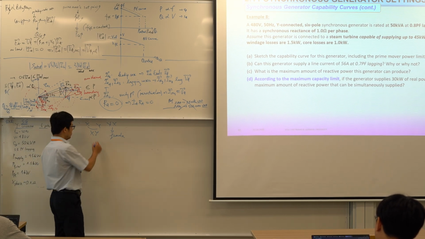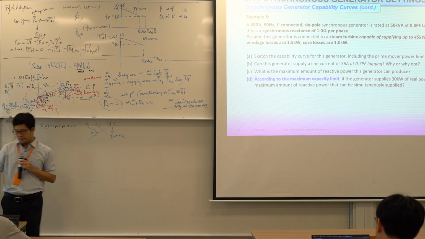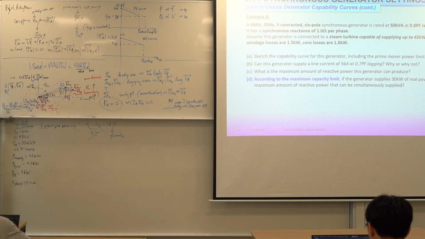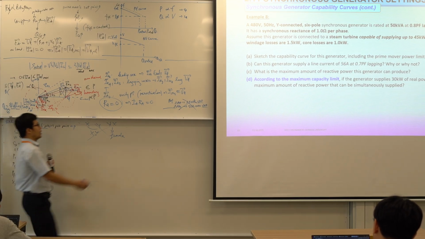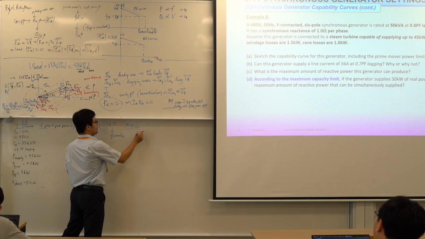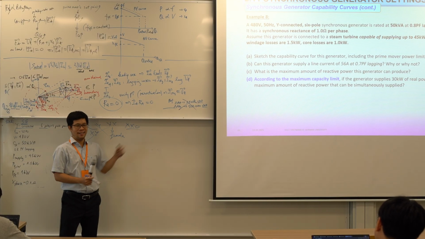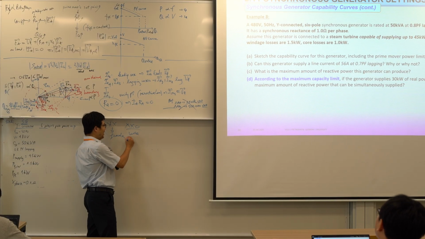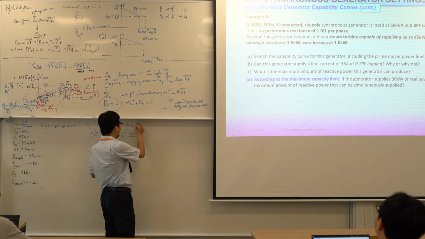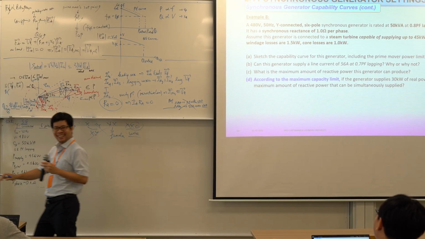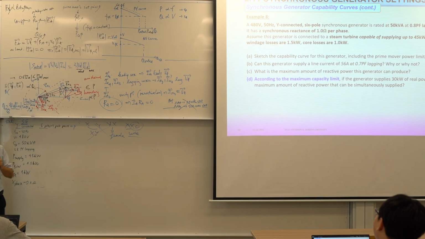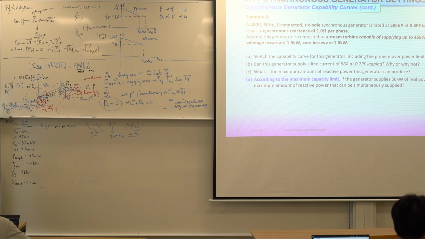If you have X0, this is Y. You have XOY. Okay, come back.